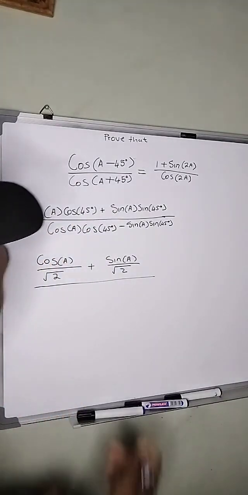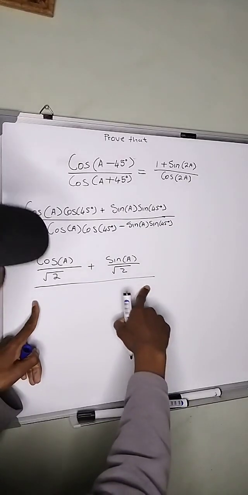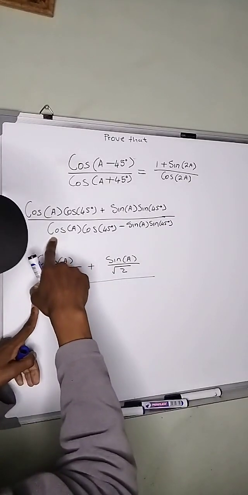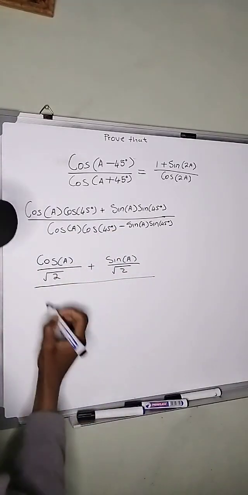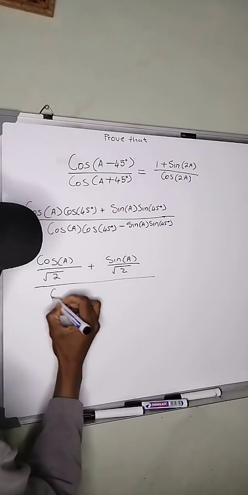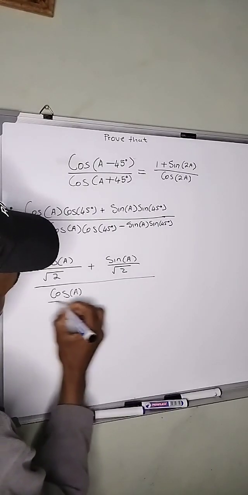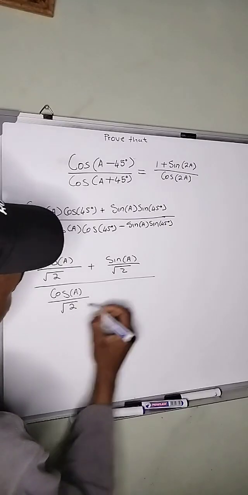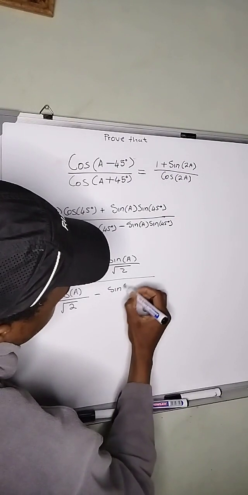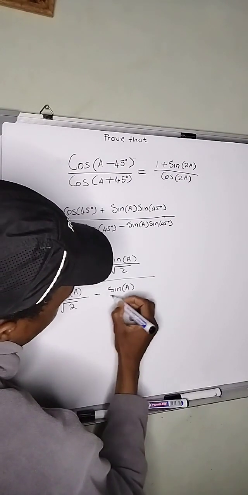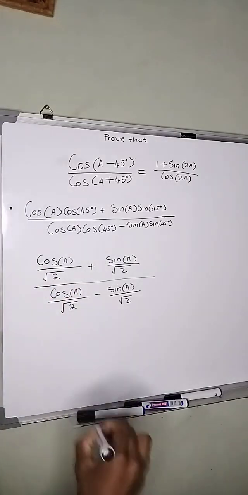It's fine. So now it's going to be divided by cos A multiplied by cos 45. Okay, it's fine. So now it's going to be cos A over root 2 minus sine A over root 2.